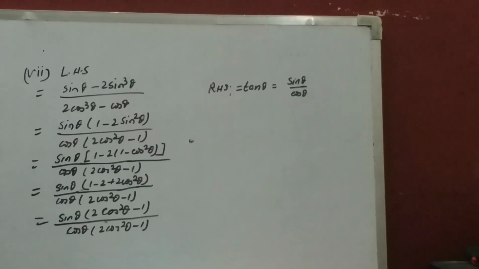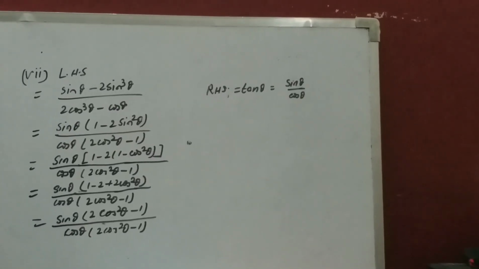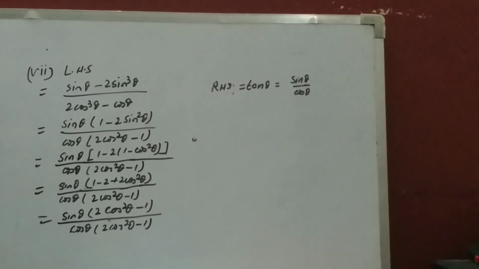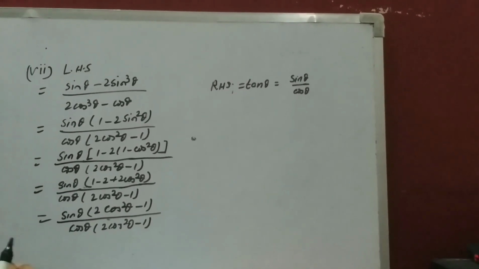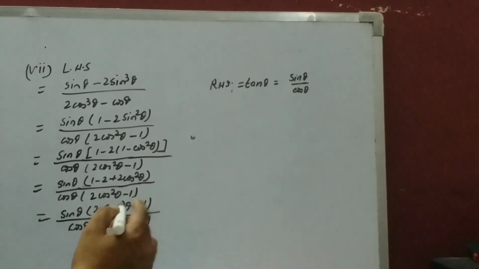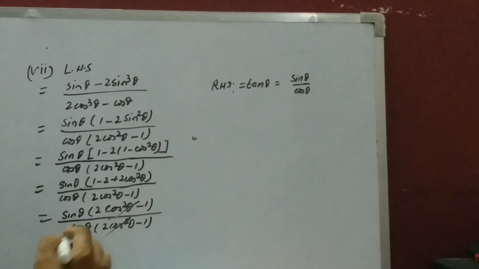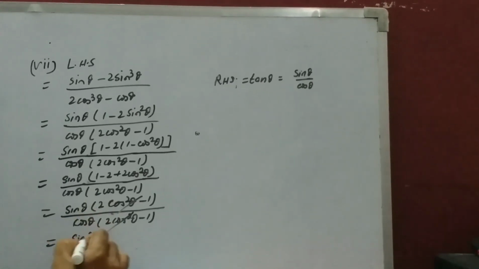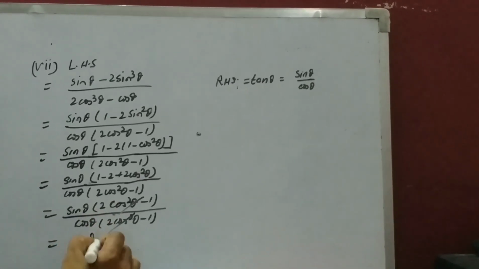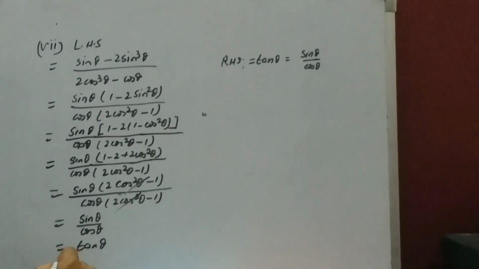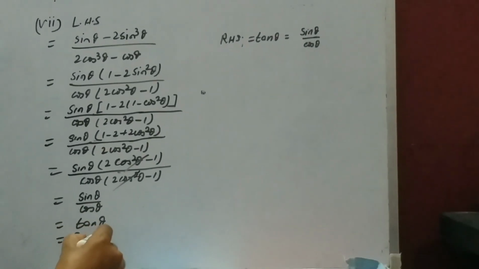If you perform the mathematical steps correctly on the basis of the mathematical concept, you will get the same desirable things. So this will be crossed out. And now sine theta by cos theta, so this is tan theta, and this is your RHS. Hence proved.